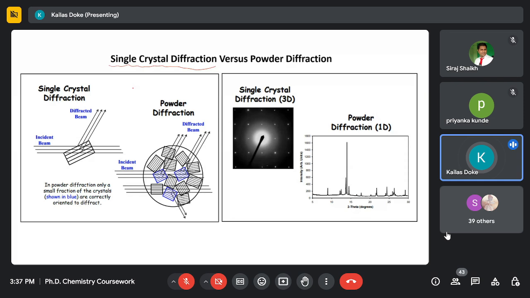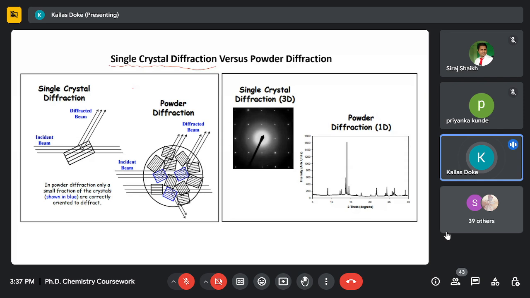Interestingly, we get a diffraction pattern with different spots, with 3D models. A 3D structure is observed in single crystal diffraction.